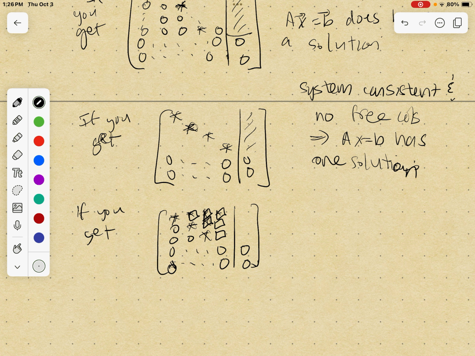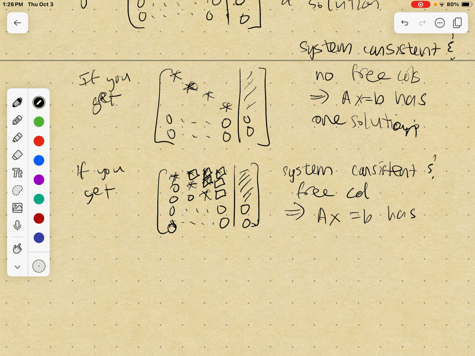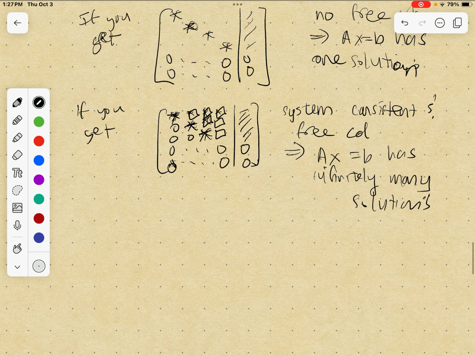Then the system is consistent, and there is a free column. Then Ax equals b has infinitely many solutions. So you have pivots here, here, and here, say.